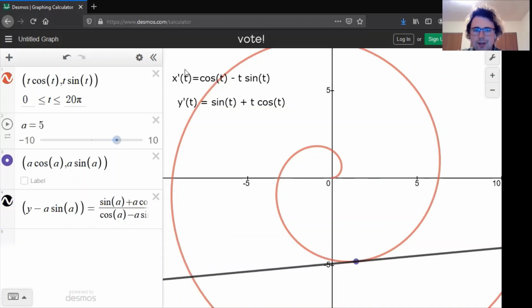So, as long as you're diligent about putting these formulas in your calculator correctly, we get exactly the tangent line that I'm looking for. Now, the cool thing about this is that everything in this tangent line formula is completely determined by the specific value that I chose for t.